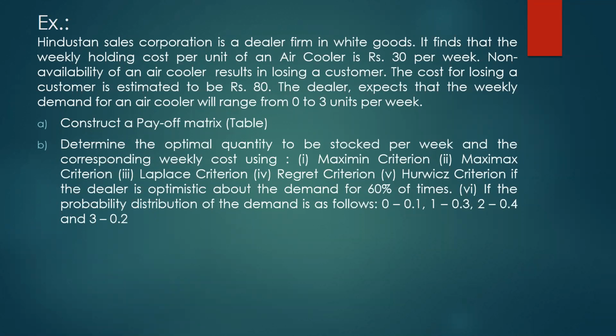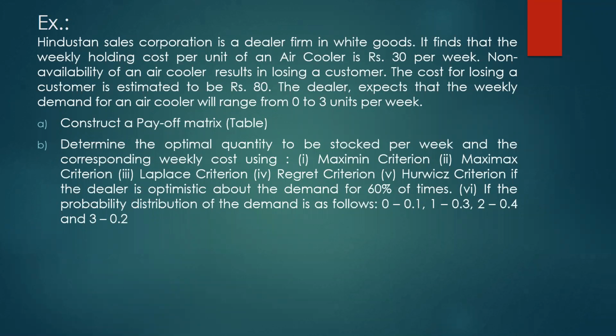Similarly, we'll have S0, S1, S2, and S3, where S0 is the strategy to stock 0 units, S1 the strategy to stock 1 unit, S2 and S3 respectively 2 units and 3 units. Can you give me the values for the first row, that is strategy S0 with the demands as N0, N1, and N2?